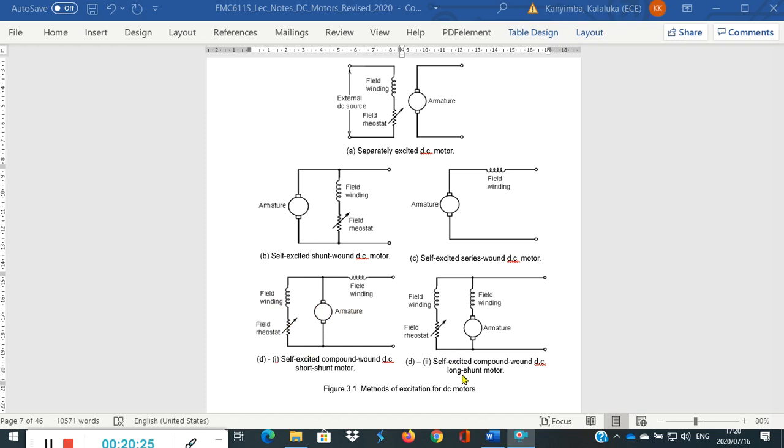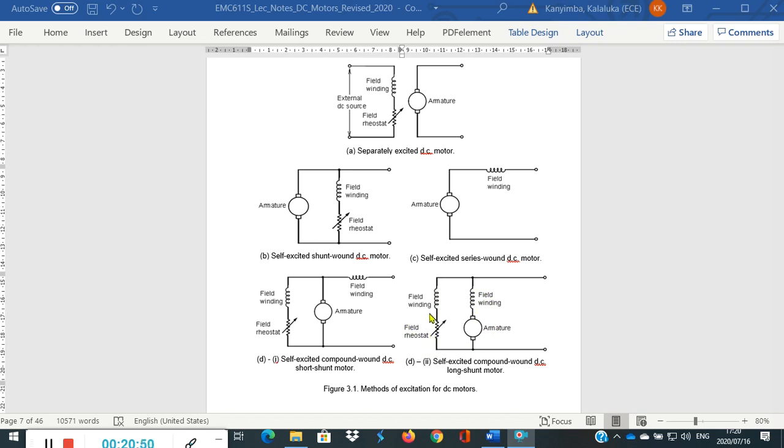In figure 3.1d2, we have the long shunt motor. So let's see what this means. First, the armature winding is connected in series with a series field winding. Then the combination is connected in parallel with a shunt field winding.